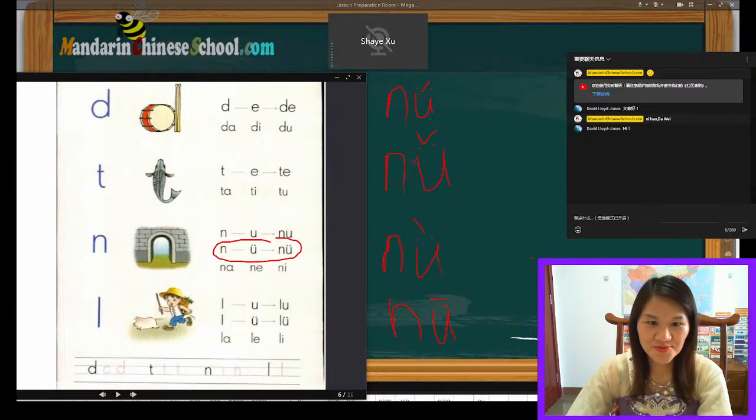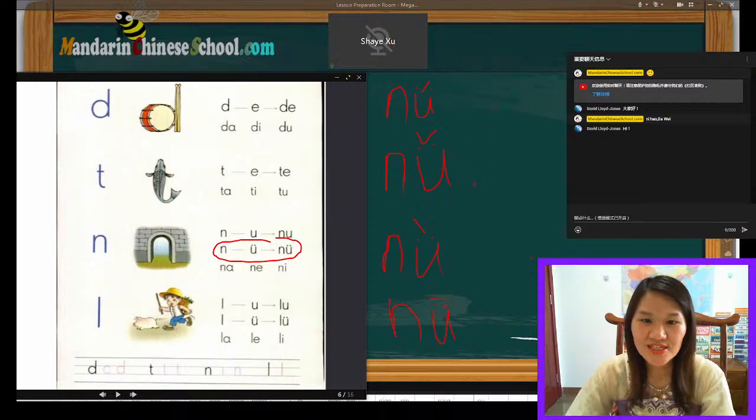The four tones with this one，你会了吗？Can you try?